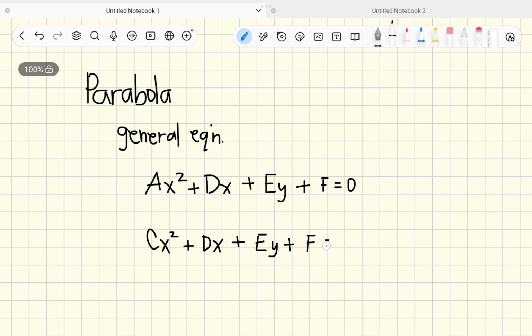So these are the two possible general equations of your parabola.